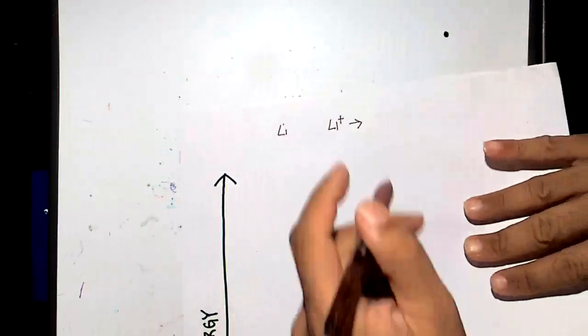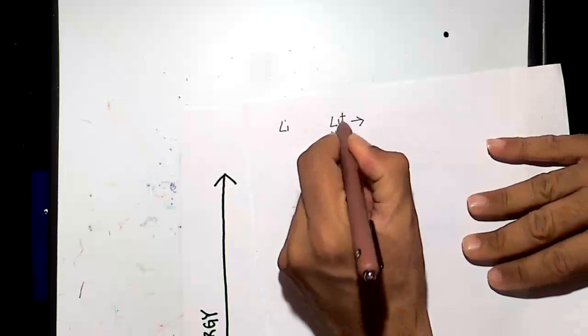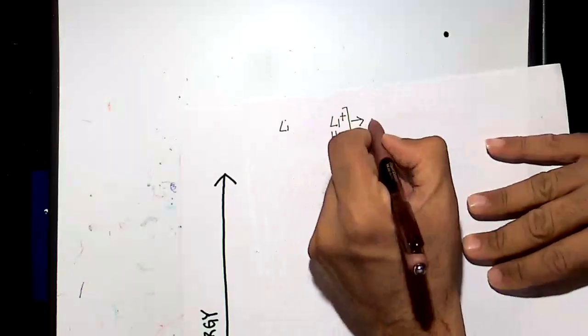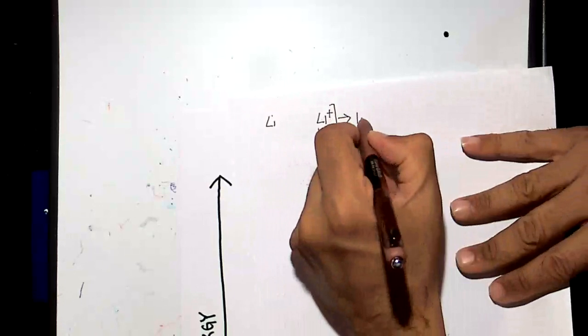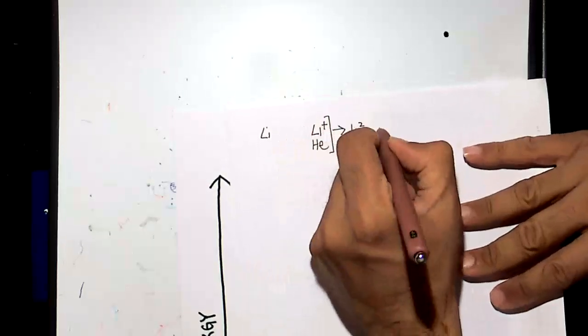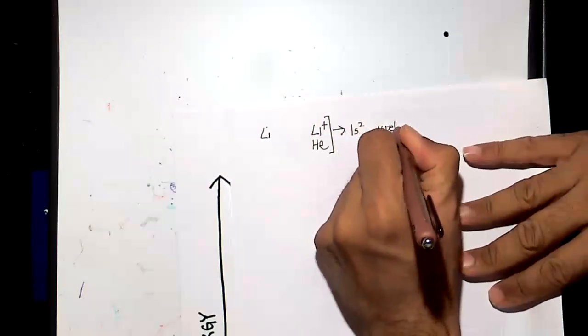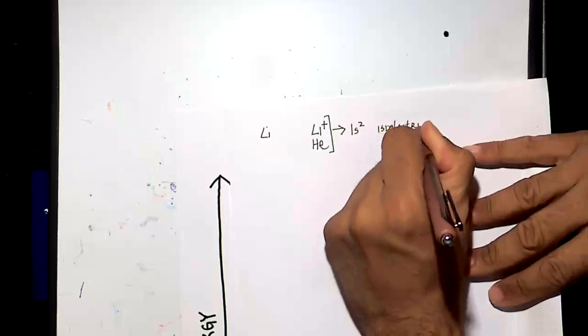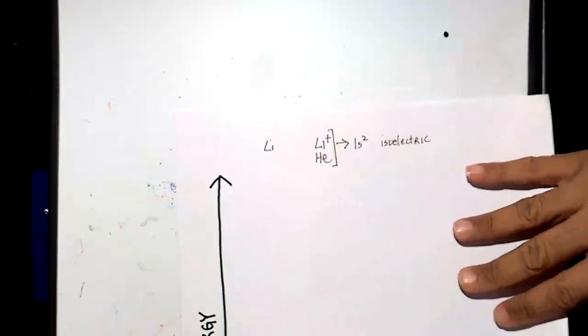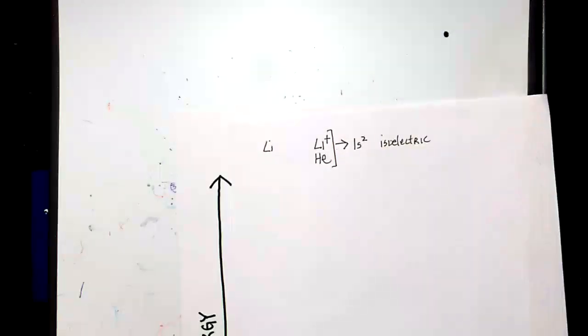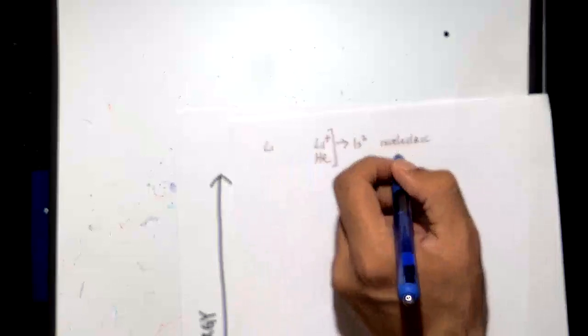So we will say lithium +1 and helium are both 1s2, and we'll call them isoelectronic. Isoelectronic just means the electron configurations are the same.